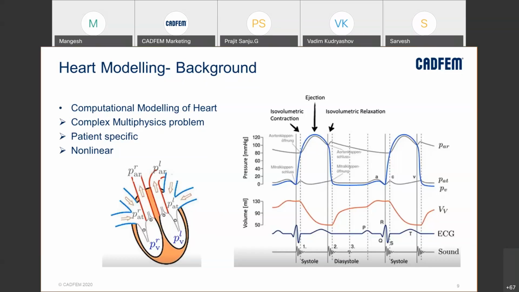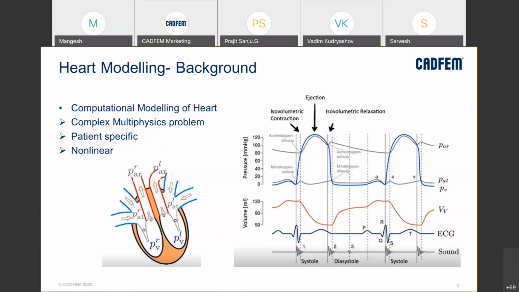And beyond that, the different valves within the heart are also not active valves, but passive valves. And when we say passive, they actuate or open depending on the pressure differential. So modeling a case like this where the device is not getting actuated, unlike our normal valves, where we just rotate the valve's knob or something like that, and we can open or close the valve.